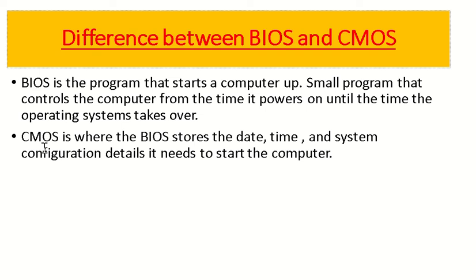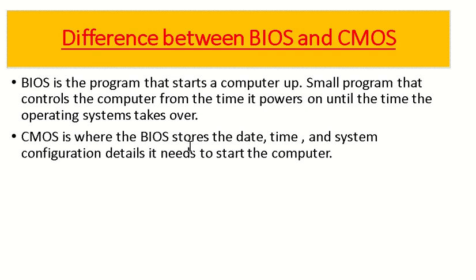CMOS will in turn give power to run the BIOS firmware, which is a program. In this way, both are interrelated. So I repeat: BIOS stores the date, time, and system configuration details it needs to start the computer in CMOS.